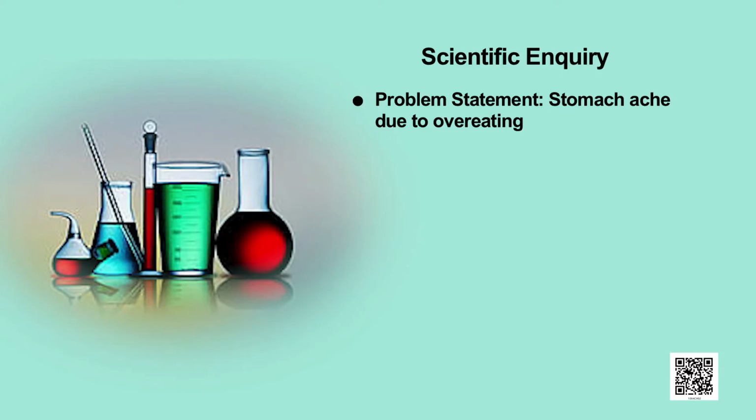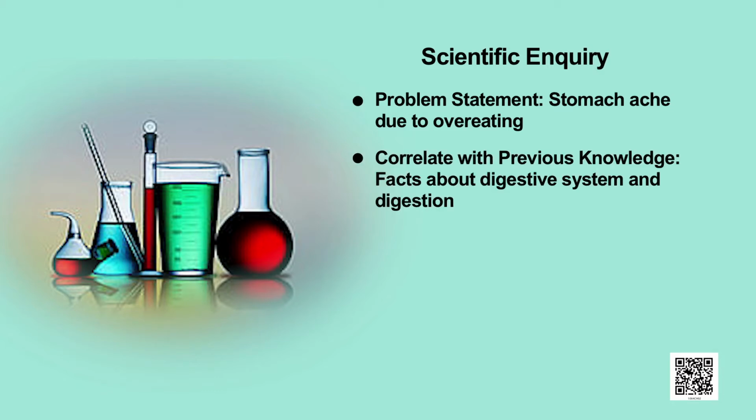I think you all have started thinking, and what would you be doing? You must have first of all thought of the problem statement, that my son is having a stomachache due to overeating. Then you must have correlated this to your knowledge of the digestive system, that the food to be digested in the stomach needs some acid. So acid is produced in the stomach.